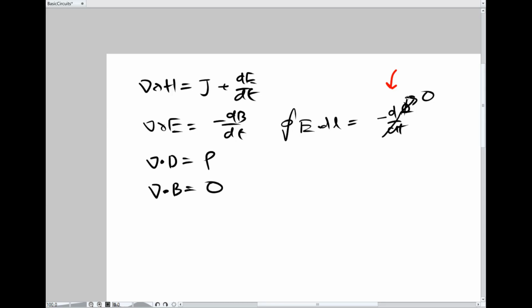Now, when we go on to AC circuits, or circuits where these quantities do change in time, we continue to ignore magnetic flux. Because if you just ignore your problems, then they disappear. And then we deal with that later.